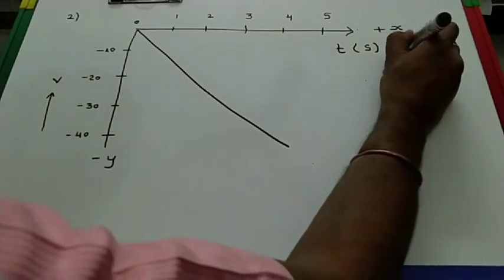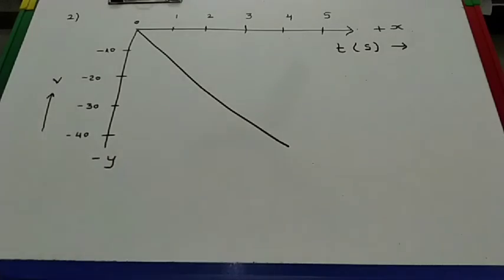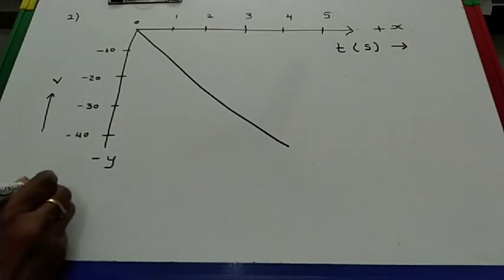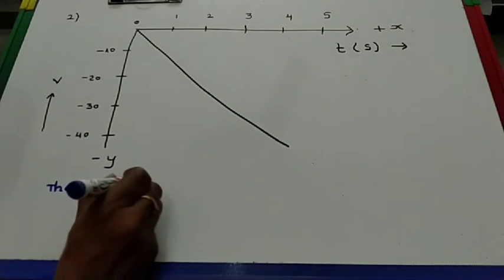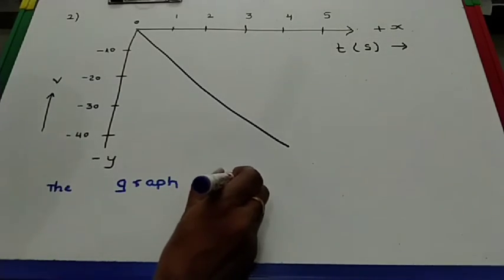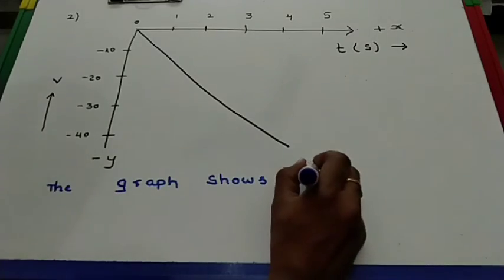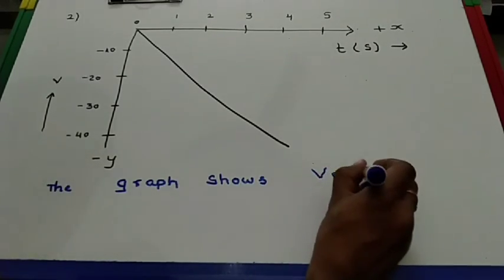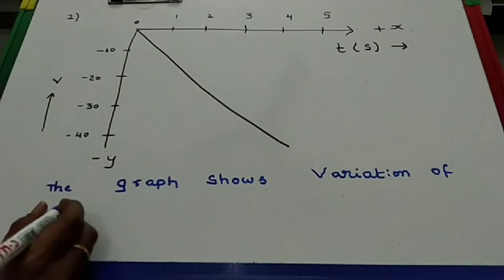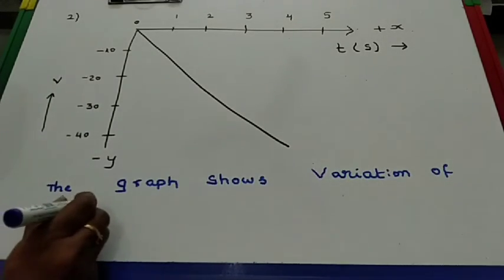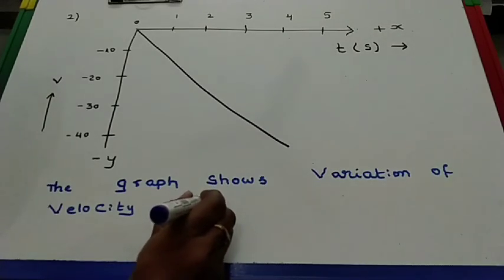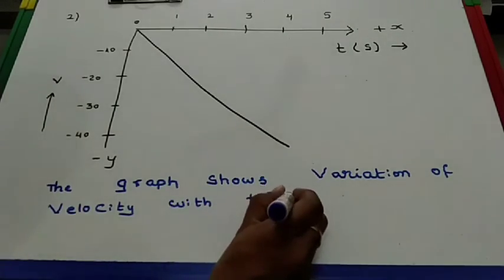Now what does this graph show? This graph shows variation of velocity with time.